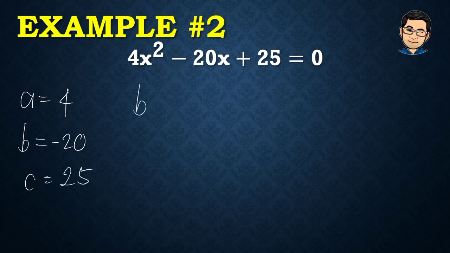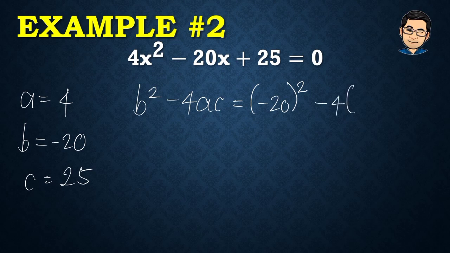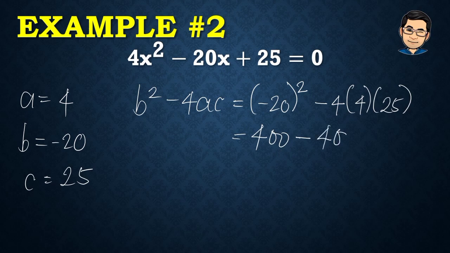So, b squared minus 4ac is equal to the value of b, that is negative 20, square minus 4 times the value of a, 4, and then times the value of c, 25. Now, negative 20 raised to 2, that is 400, minus 4 times 4, that is 16, times 25, 400. Okay, now 400 minus 400 is equal to 0.